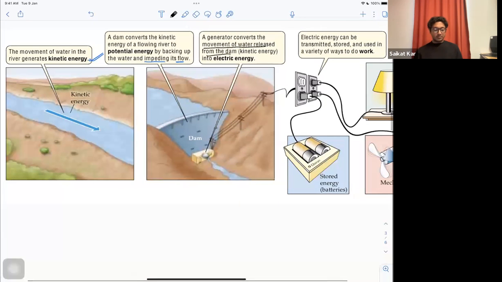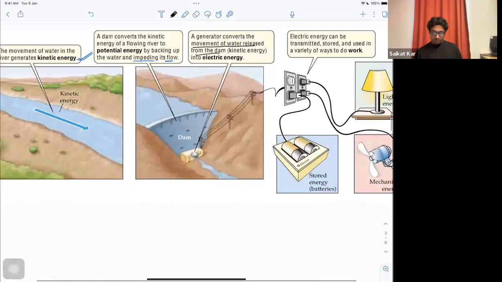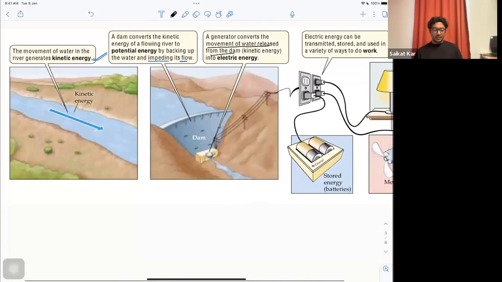This diagram is not that clear, but I think you got the idea. First movement of water, kinetic energy, then with the help of a dam, we are converting that kinetic energy into potential energy.